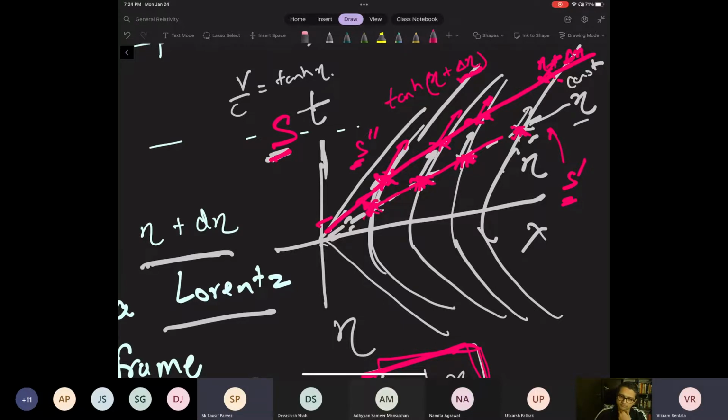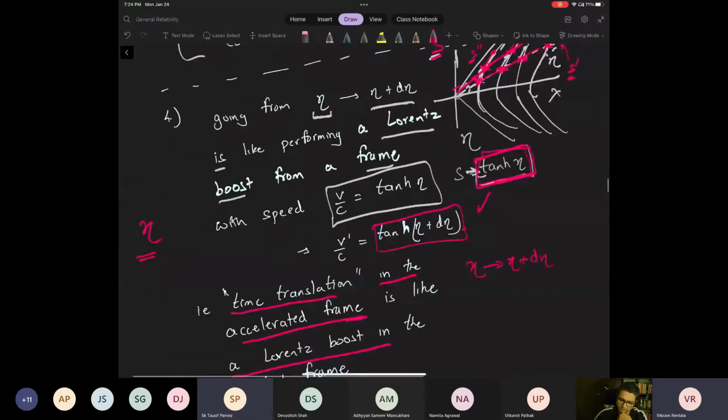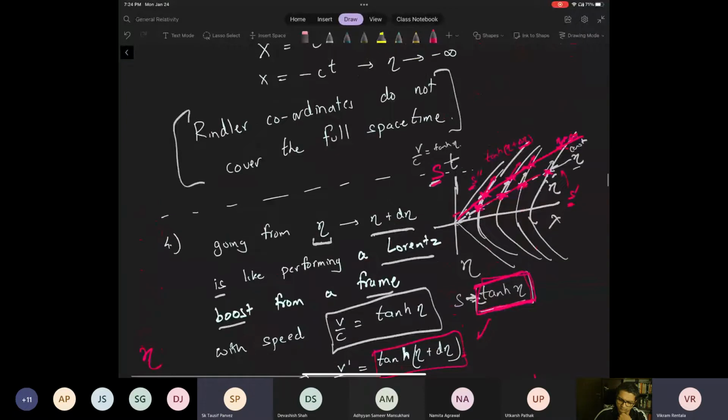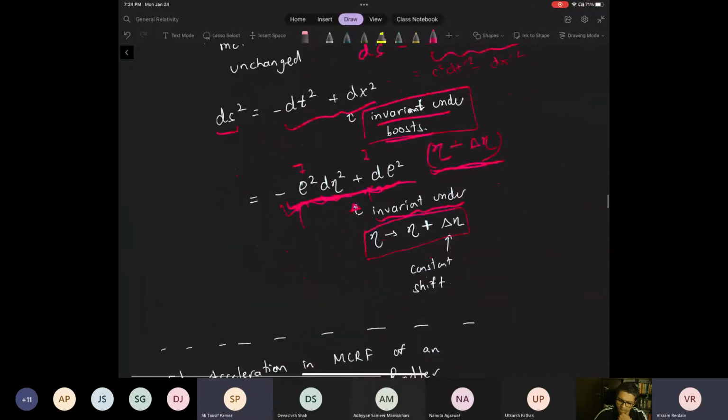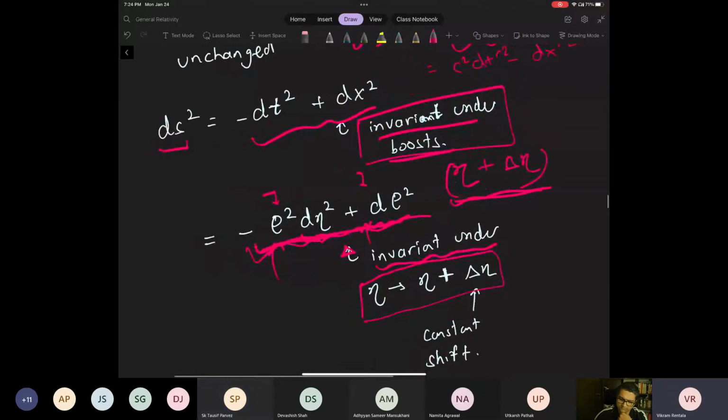And sir, in the next case, when you showed that rho doesn't depend on eta, if we shift eta to eta plus some del eta, where del eta is some constant, that is why d of del eta is 0. So ds squared is invariant. Right, ds squared remains invariant under that shift.